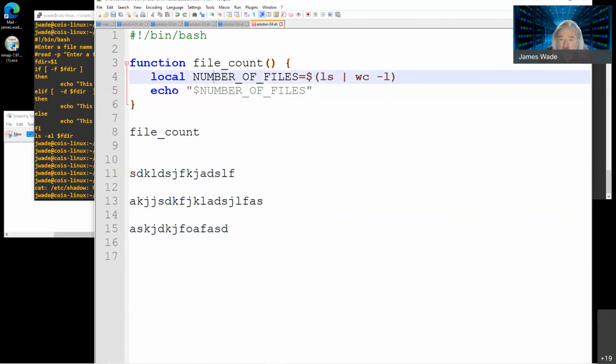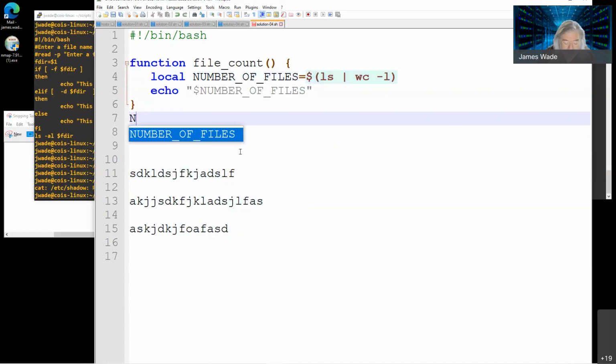It's within the function. It's a local variable. If we want a global variable, it would have to be down here. That would be global, and that variable would go through the entire program because it's global. So there's global variables and there's local. Local variables are isolated to the function.